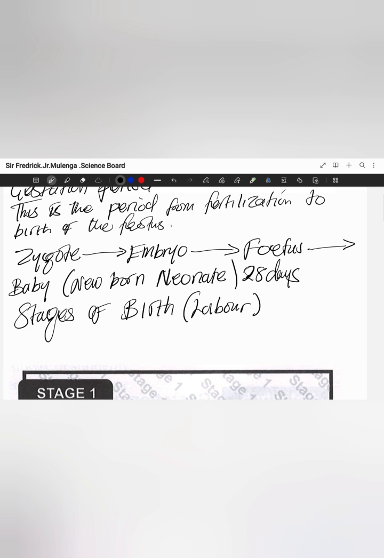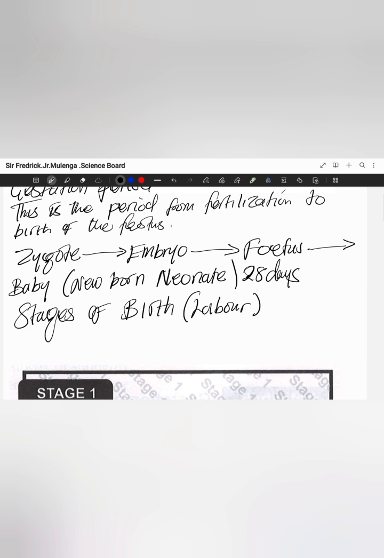The normal birth is called spontaneous birth. This is when a child is born naturally. But if the child has not been born naturally and the mother has to go through surgical procedures, then that is an artificial one.